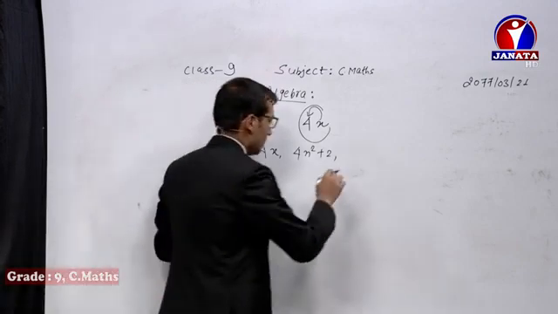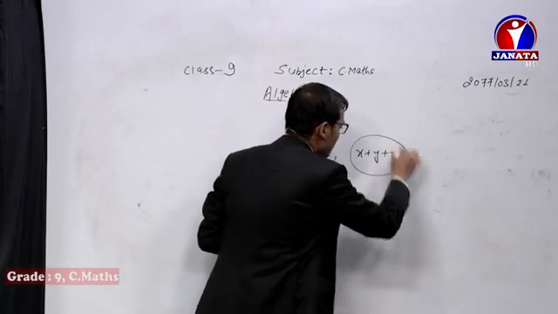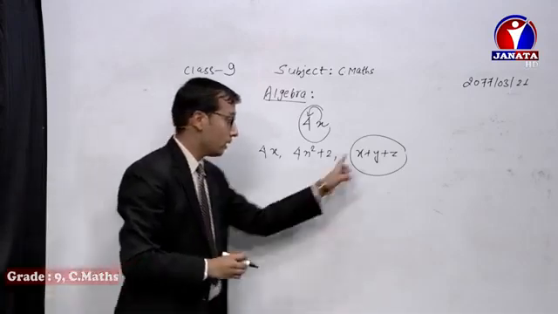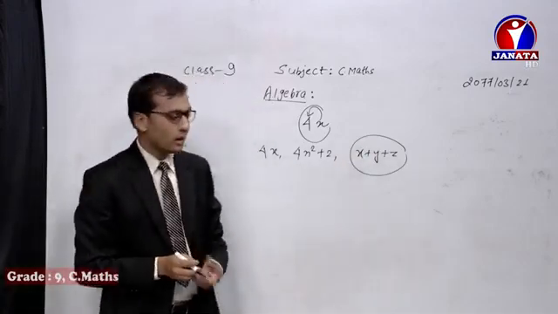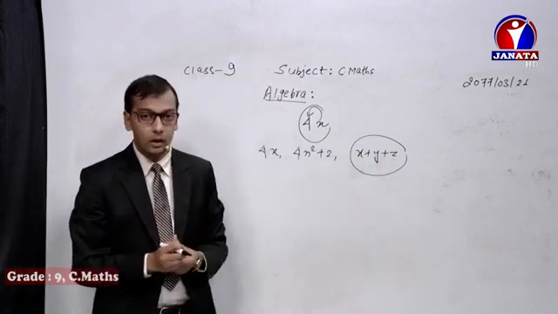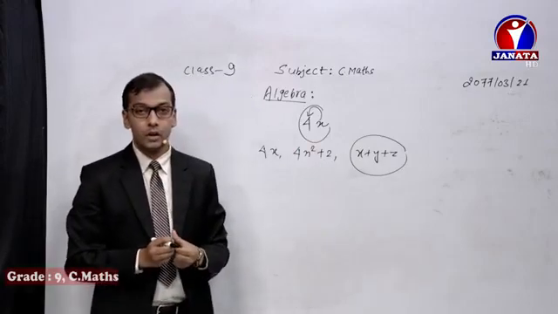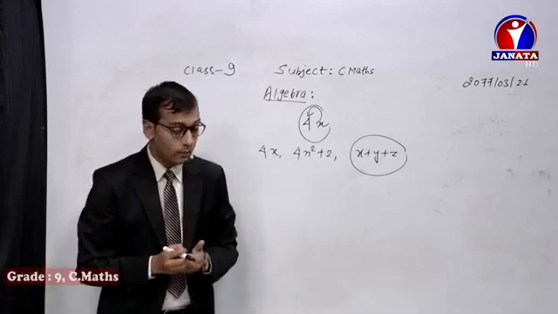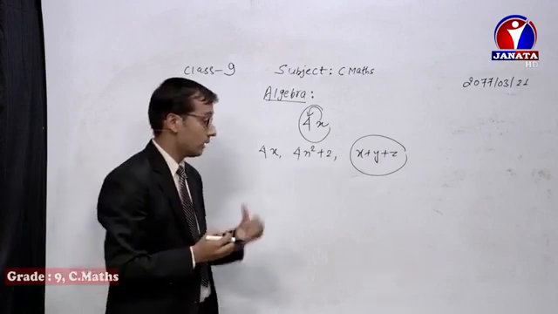If there are three terms like x plus y plus z, each term is separated by a plus sign. We can also put a negative sign here. There are three terms, so this algebraic expression is a trinomial. There are specific names: monomial for one term, binomial for two terms, trinomial for three terms.